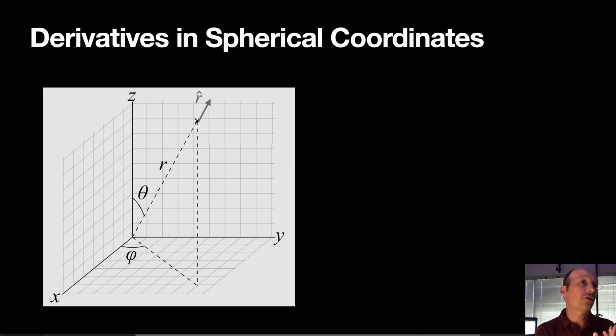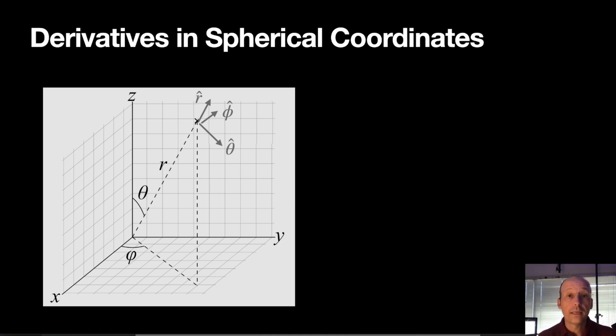I need those hat values to turn the quantity r into a vector. R hat is a unit vector in the direction of increasing r, so it's pointing that way. Then I have theta hat in the direction of increasing theta, and phi hat in the direction of increasing phi. This is an orthogonal system. R hat, theta hat, phi hat are all perpendicular, so that's really good.